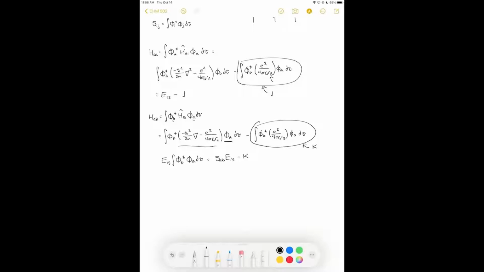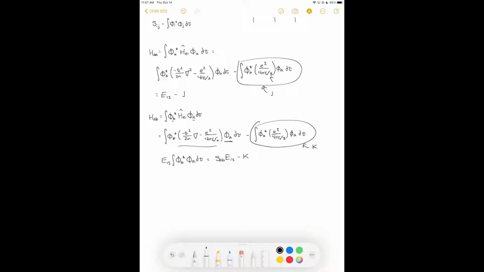And we can get ideas for what this integral should be using modern electrostatic computational programs and such. However, K is a weird thing. So K is called the exchange integral, and it doesn't have any physical interpretation. It's simply a consequence of using quantum mechanics in an attempt to solve this problem. So what can we say about these two things?